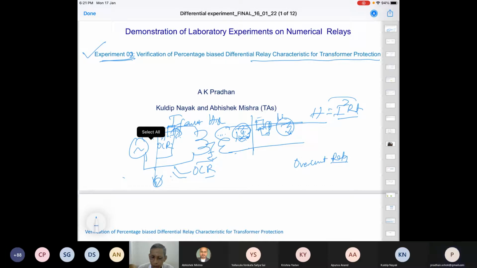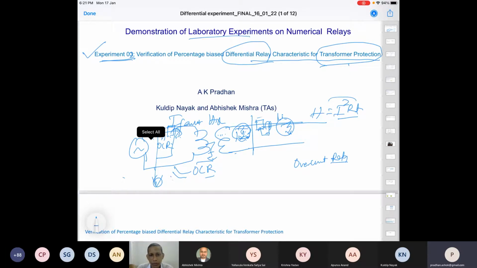Okay. Now, with this limitation, today's agenda is the differential relay for transformer protection. Like in the last class, what is the agenda of this laboratory experiment class?